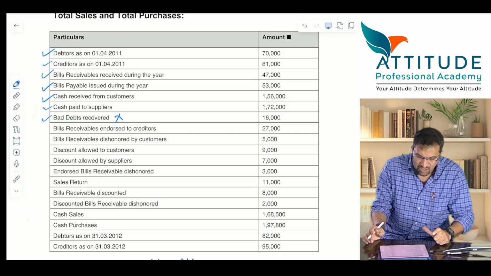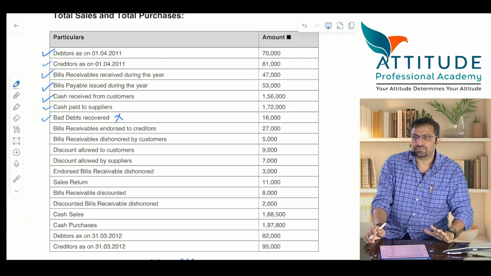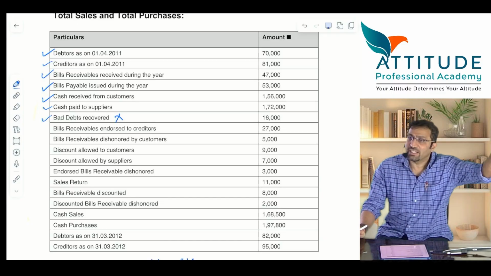Next. Bills receivable endorsed to creditors. Now, you are having a bills receivable which you are giving to your creditors.